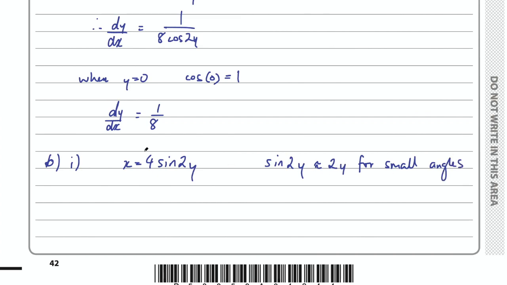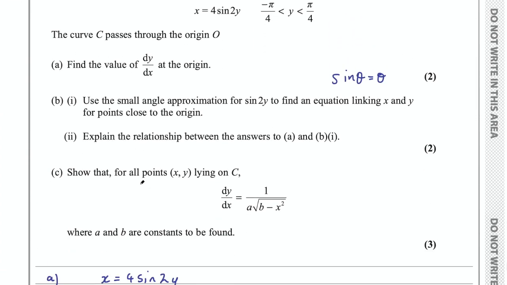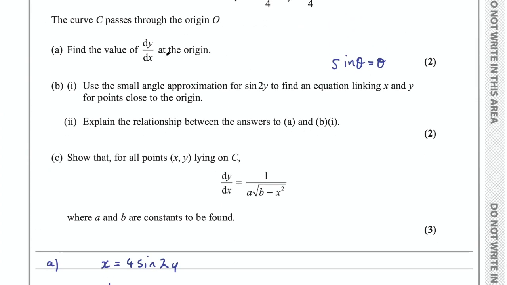So plugging 2y in for sine 2y, we would have x approximately equal to 8y. Then let's go back. We need to find a relationship between A and B part 1.